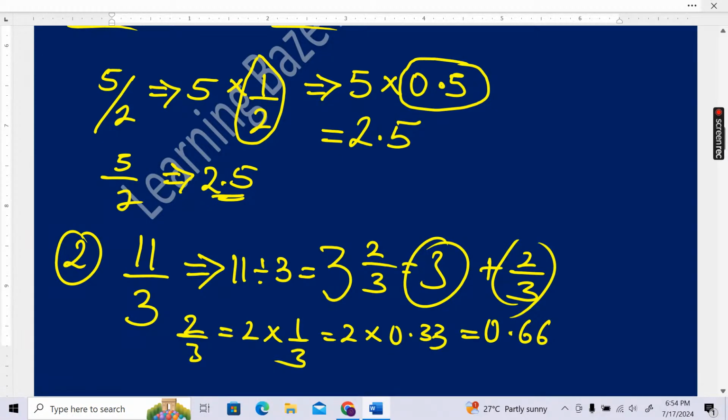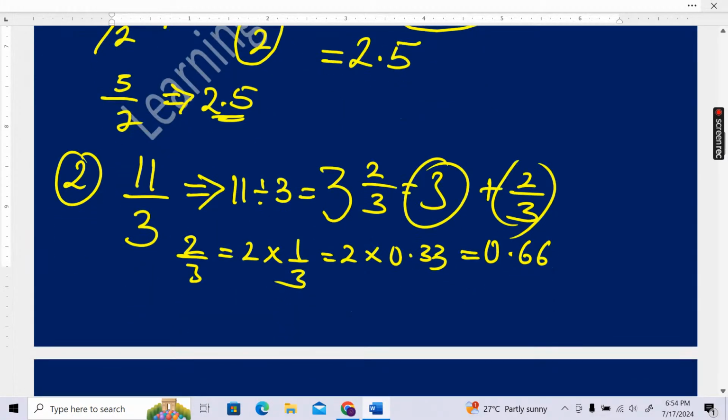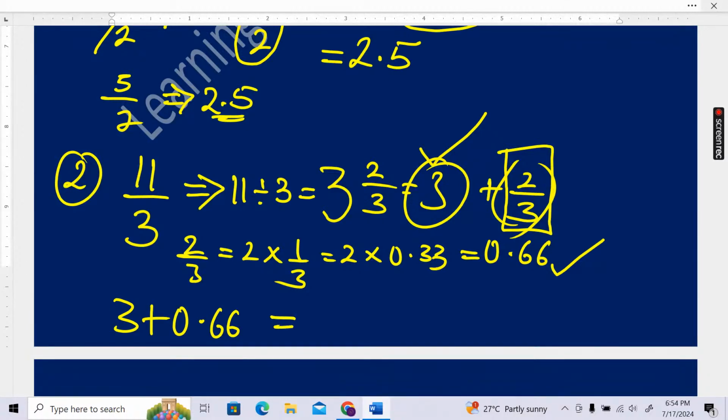So we have been able to replace the 2 over 3 with 0.66. So I will have the whole number 3 plus 0.66, and that will be equal to 3.66. So 11 over 3 changed into decimal number is equal to 3.66.